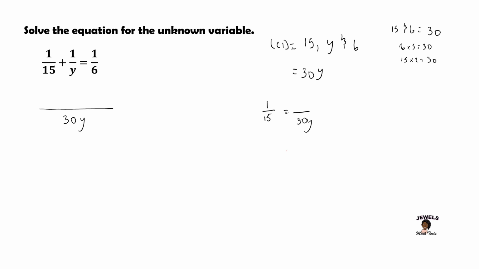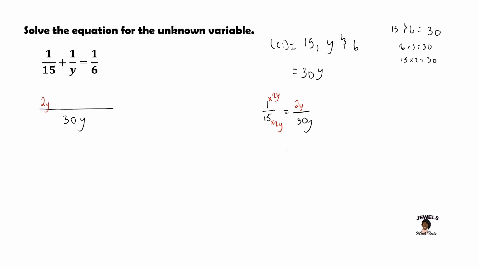Earlier, when I multiplied 15 times 2, that gave me 30. But I also need to include the y in my LCD, so I'm also going to put a y on that, because 15 times 2y will equal 30y. So my numerator of 1 will also be multiplied by 2y, which will equal 2y over 30y. So I'm going to now put that 2y into my equation.